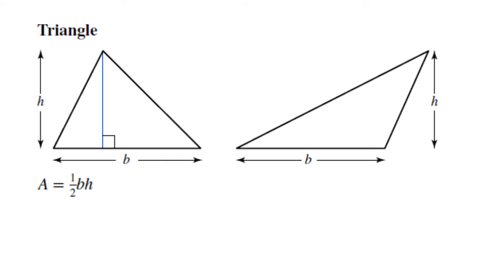So the example on the right hand side where the height is not actually in the triangle, as long as we know it, our formula is still going to work. Now if we don't know the height, then maybe we might need to use trigonometry or something like that in order to figure it out, but that would certainly be a slightly more complex question.